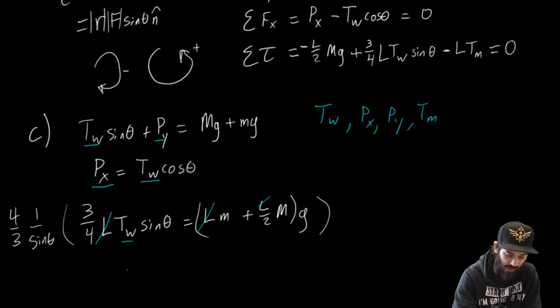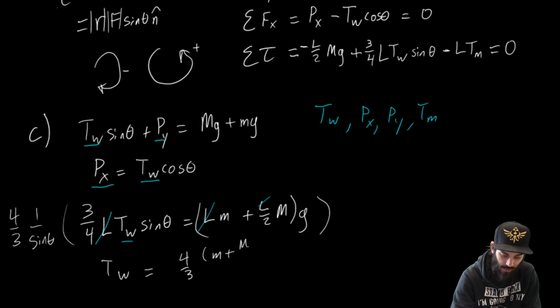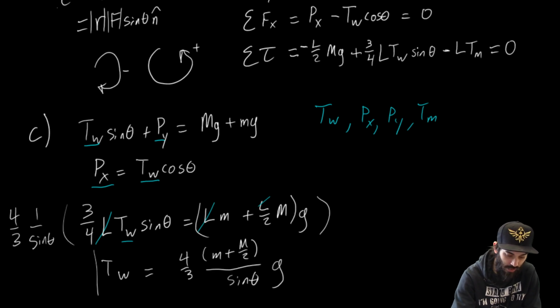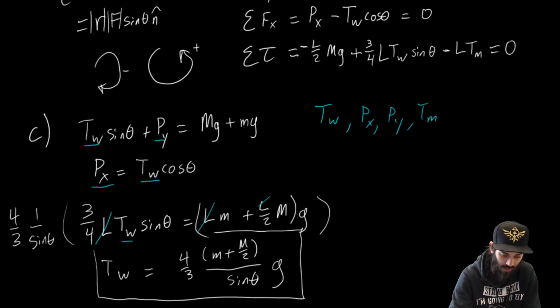So this says then that t sub w is going to be equal to 4/3 times m plus capital M divided by 2, divided by sine of theta, times g. And looking at this now, this is written completely in terms of things that we know.